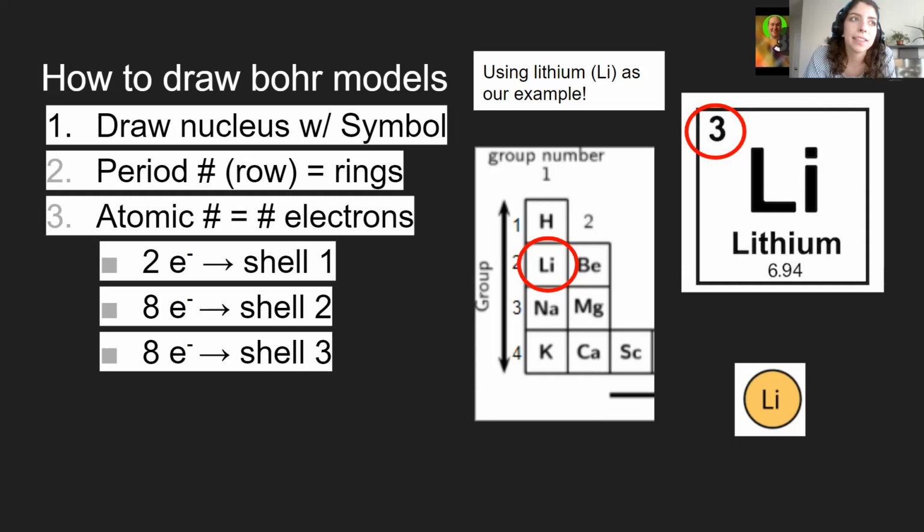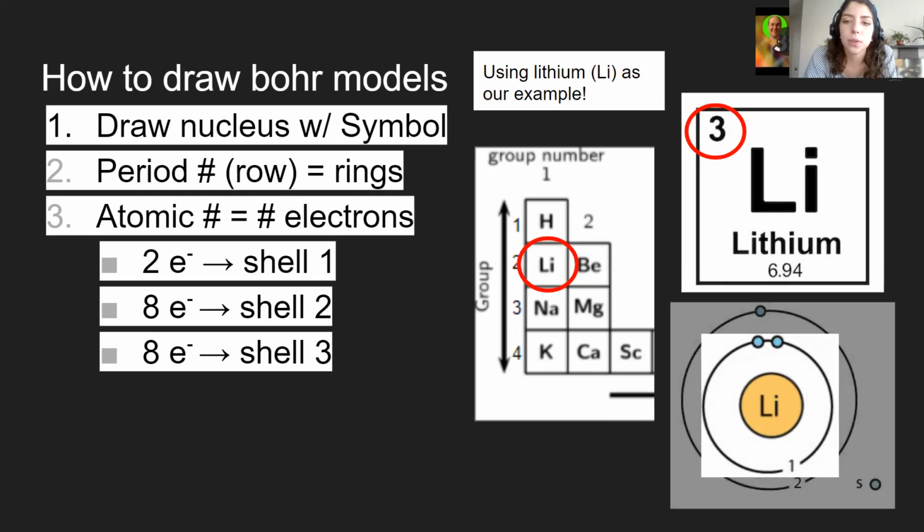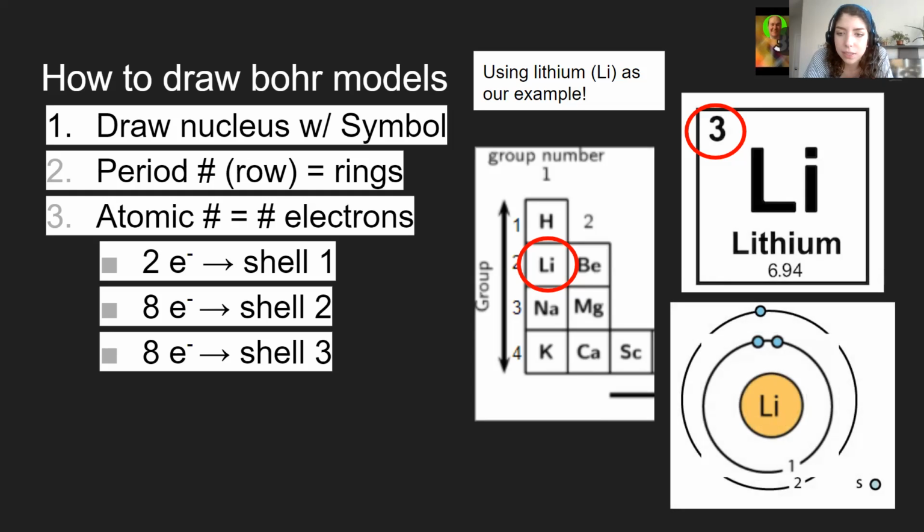It's 2, 8, 8, 2, 8, 8, 2, 8, 8. Essentially, 2 electrons in shell 1, 8 electrons in shell 2, and 8 in shell 3 max. So I would have 2 electrons in shell 1, and there's only 3 electrons in lithium, so my last electron goes in the second shell, or the second ring.